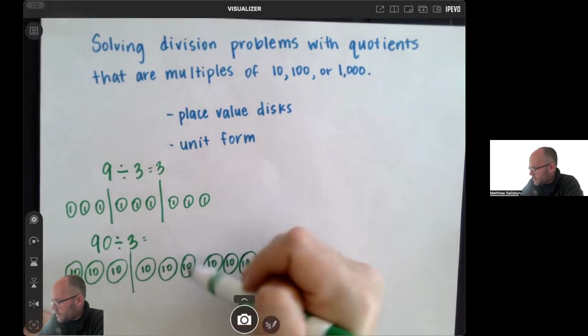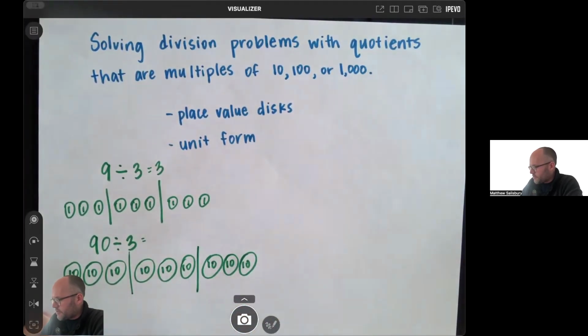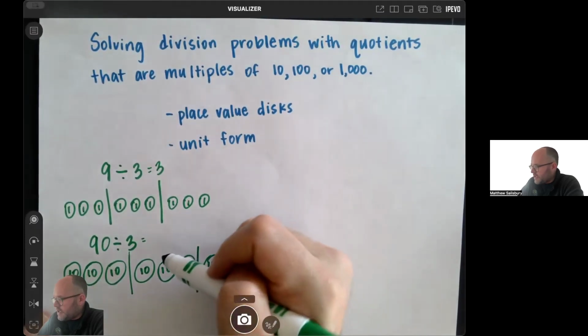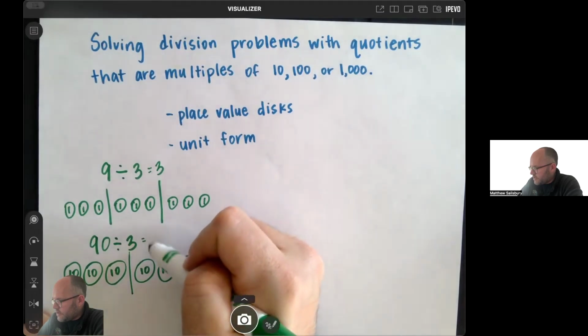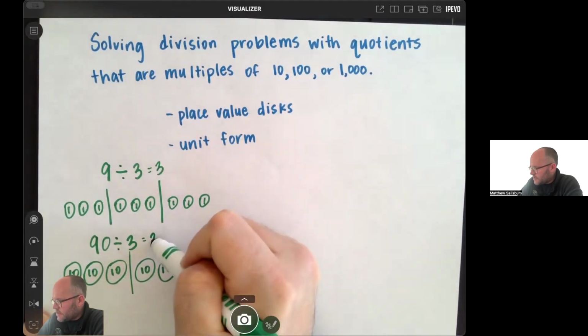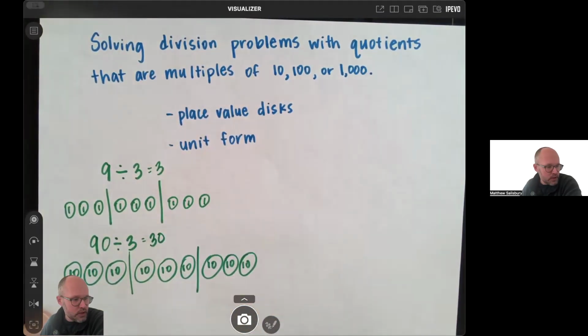And again, we see if we split it into 3 groups, each has 3 tens or 30. 90 divided by 3 is 30 in each group. And we could keep going with 900 or even 9,000.